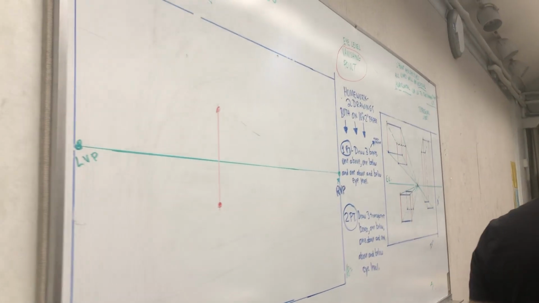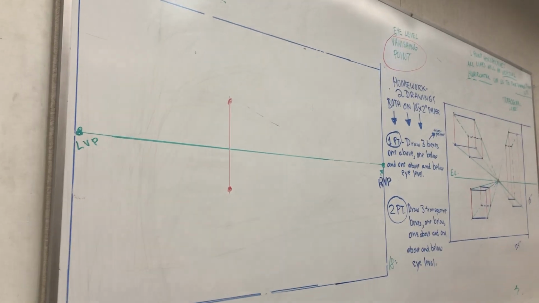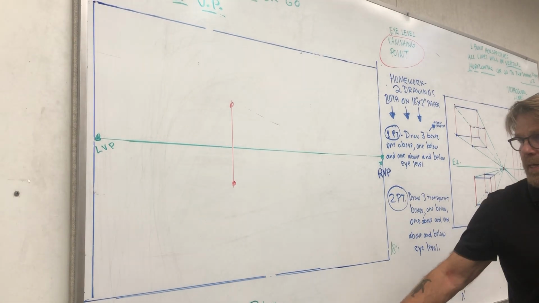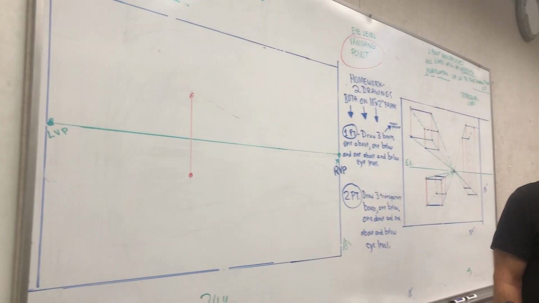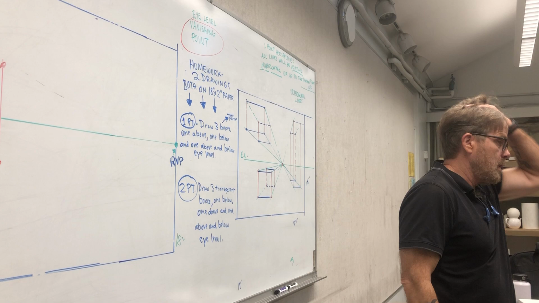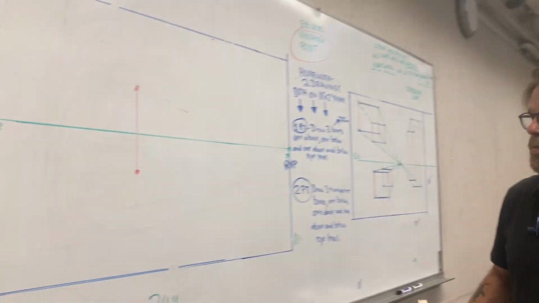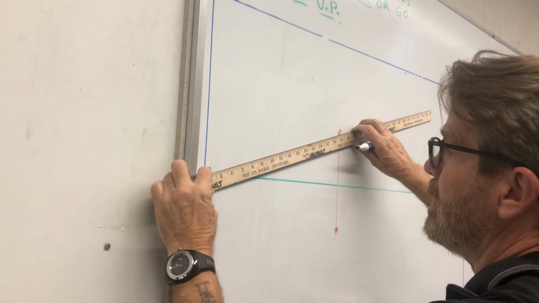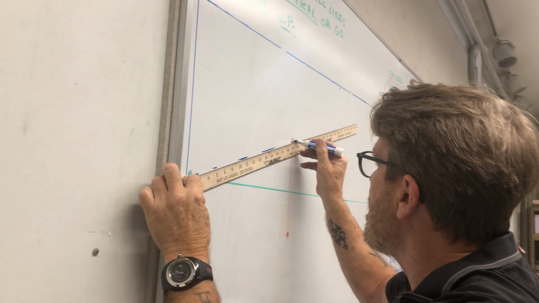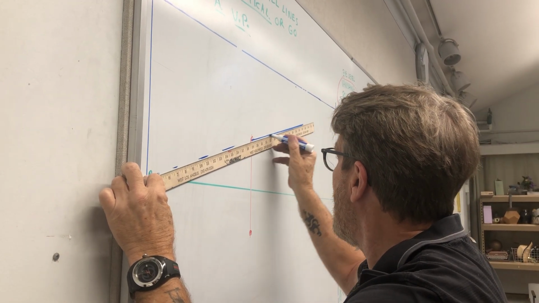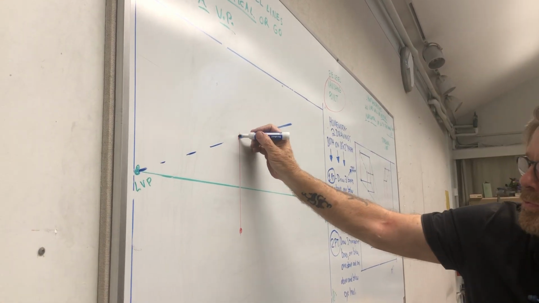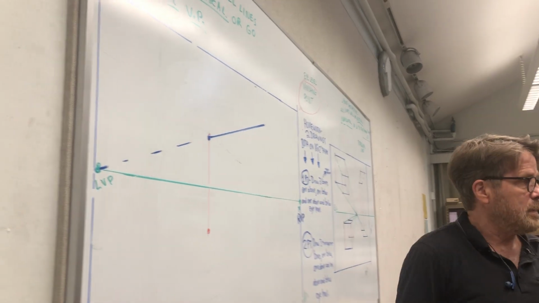Okay, I drew a vertical there. For this, I think I'll make all my orthogonals blue. So that represents a corner that's far from me. We're inside the box, right? So let's watch closely. From that corner to my left vanishing point, I created this line.